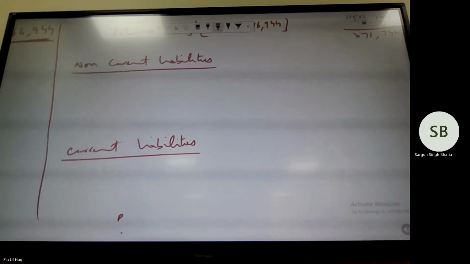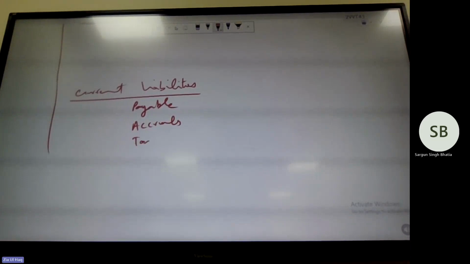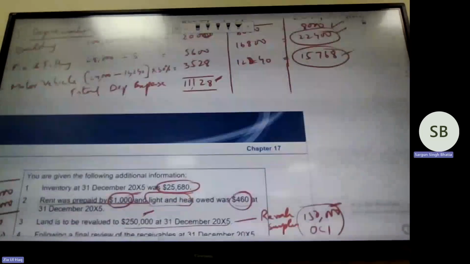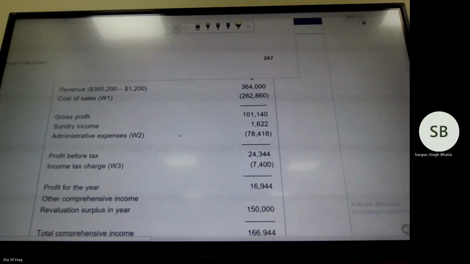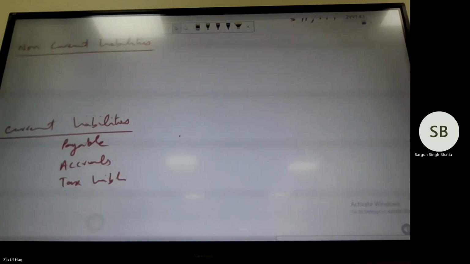So payables, accruals, and we have tax liability. The payables were 23,004.